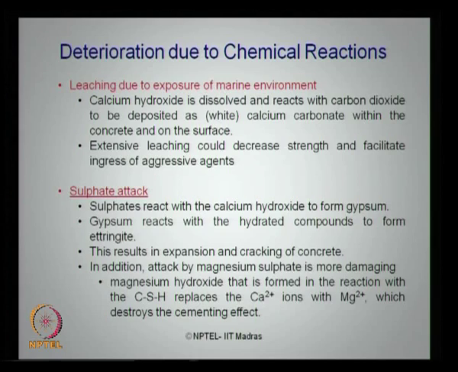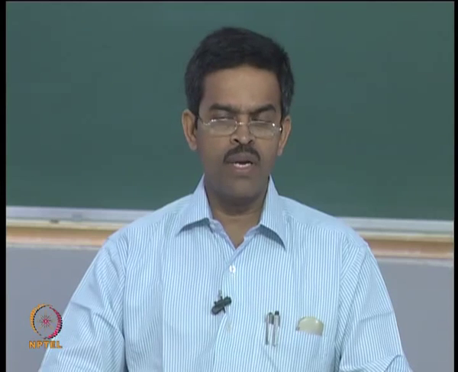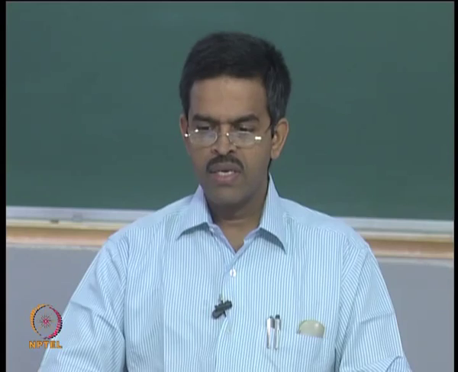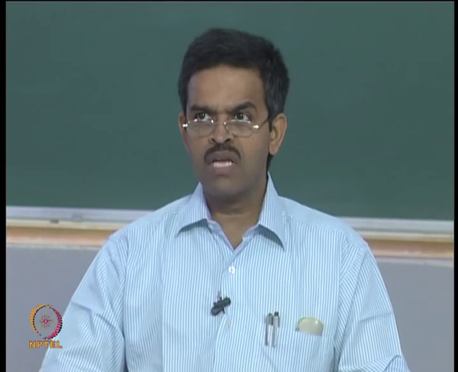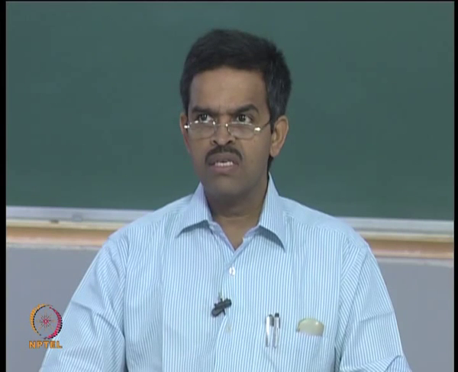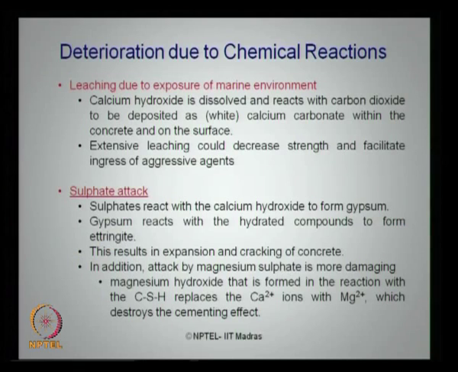Once the concrete surface gets cracked, it gets exposed to weather, and therefore penetration of chlorides and the weather environment then attacks the reinforcement, which results in corrosion. In addition, attack by magnesium sulphate is more damaging because the magnesium hydroxide formed in the reaction with CSH replaces the calcium ions with magnesium ions, which destroys the so called cementing effect in concrete.